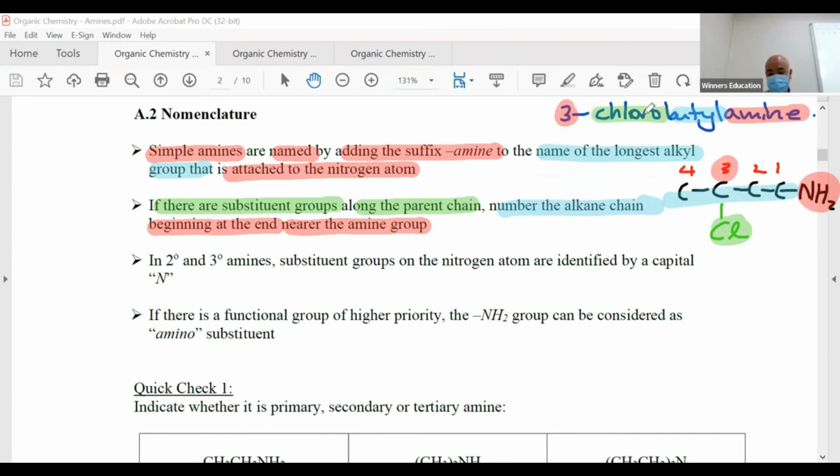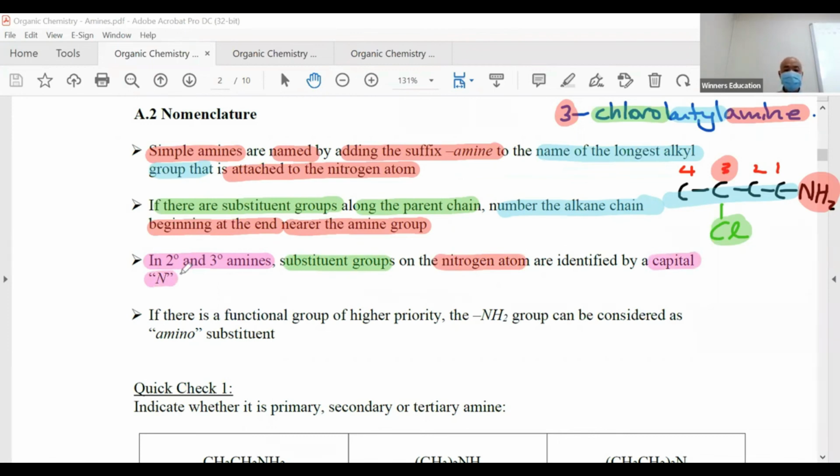And easy, huh? Aliphatic. So this is when the nitrogen only has 1 R group, as per this current example. But once it's a secondary or tertiary amine, meaning it has 2 or 3 R, the substituent groups on the nitrogen atom will then be identified by the capital N, which I've just discussed, especially if they're different.